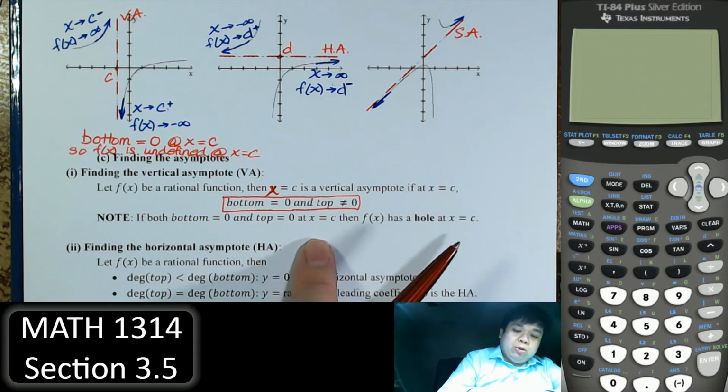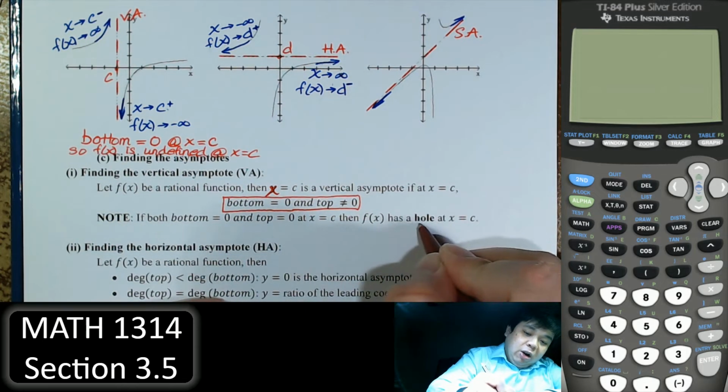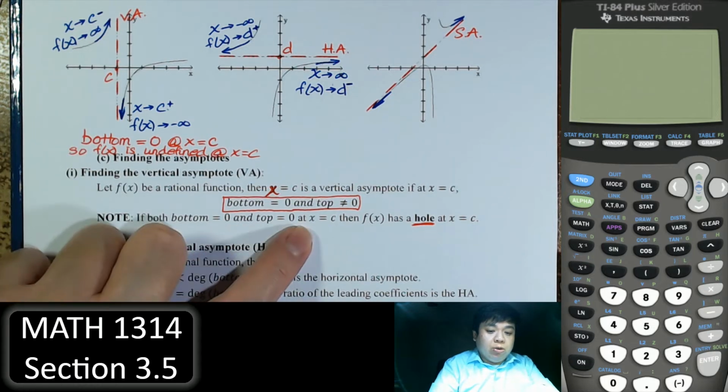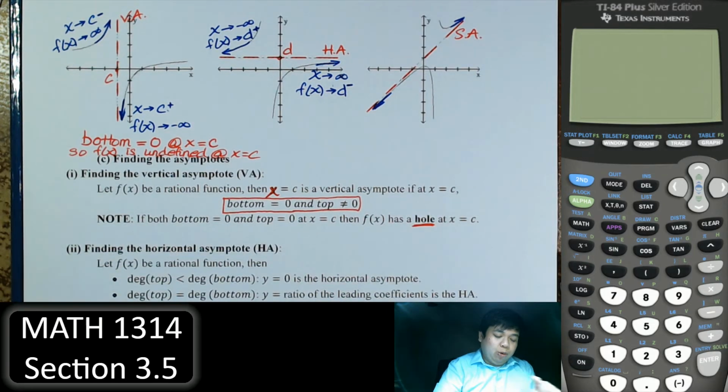Because when both of them equal 0, there's a hole in the graph. We will talk about that. But what we need is the bottom equal to 0 and the top not equal to 0. When both of them equal 0, there is a hole in the graph. We'll see that in a minute.